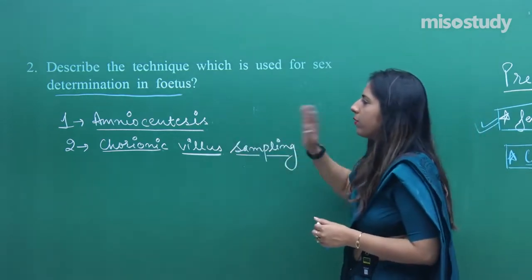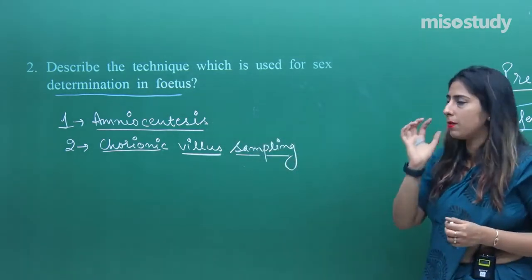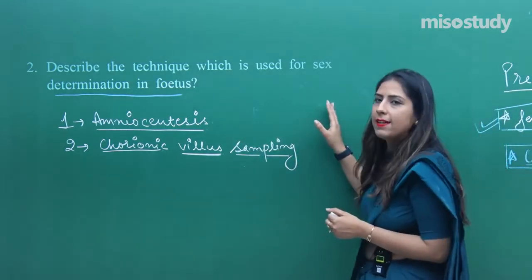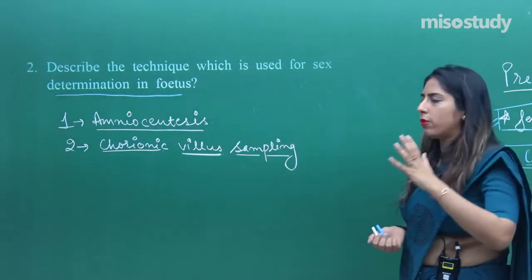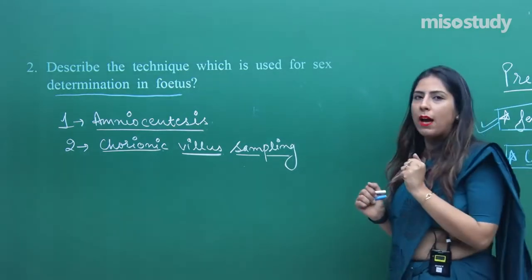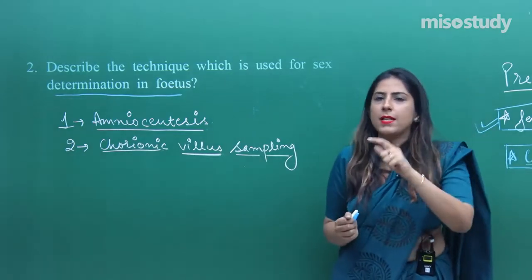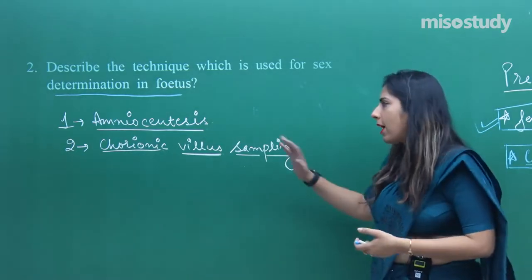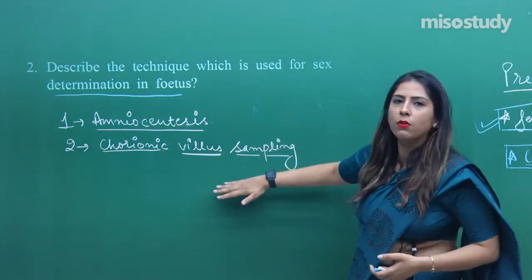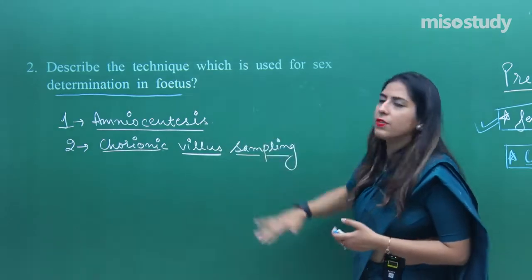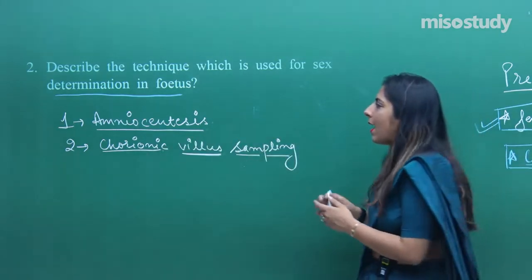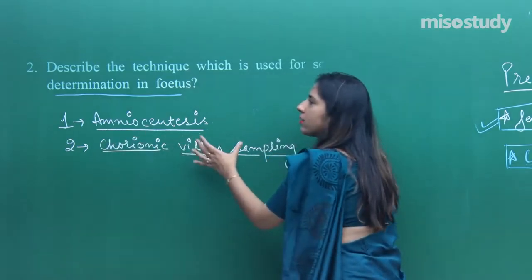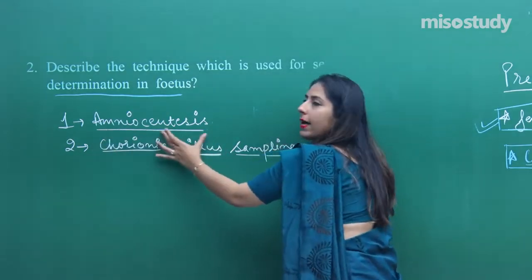First we have amniocentesis. We have already talked about how we have to know whether the child has XX chromosomes or XY chromosomes, right? So what we have to do is take out the cells of the child, right? There are two procedures by which we can take out the cells of the child. One is amniocentesis. As the name indicates, amniocentesis means amnion and centesis.